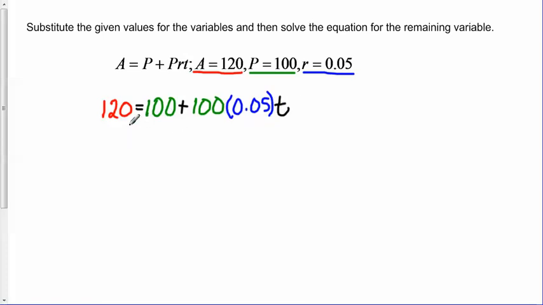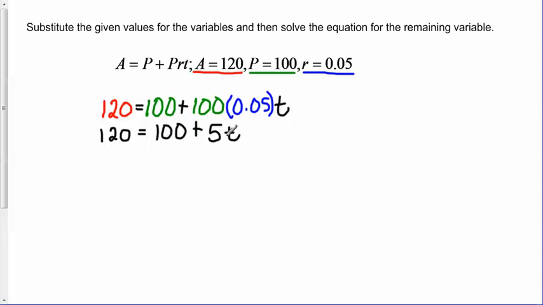We're going to simplify this right side of the equation. So we have 120 equals 100 plus, now 100 times 0.05 is just going to be 5t.